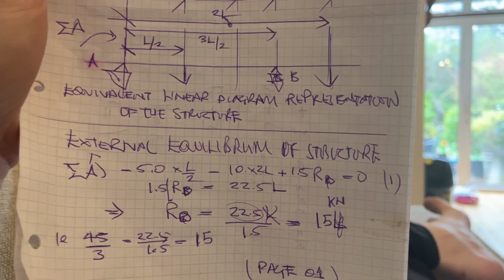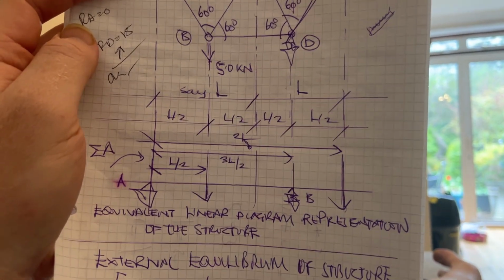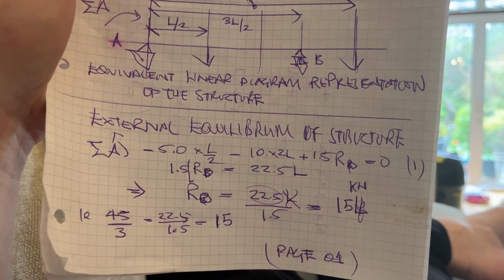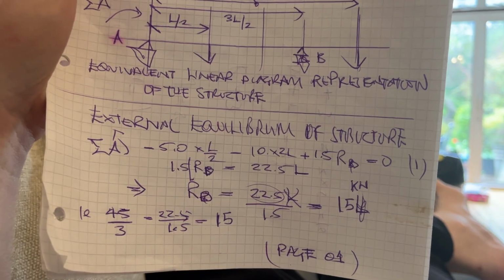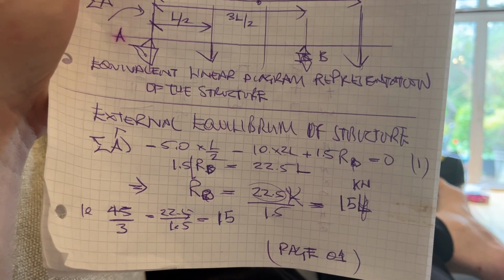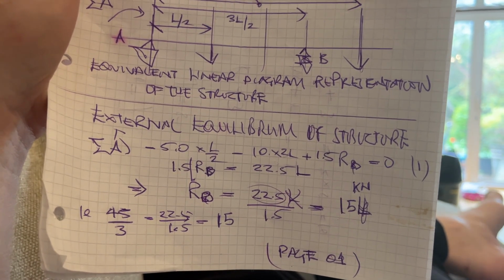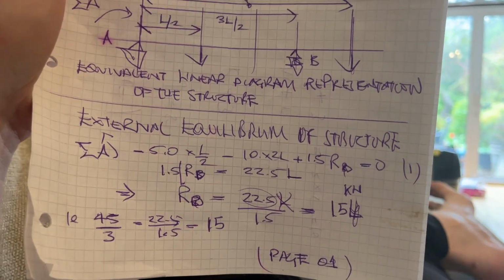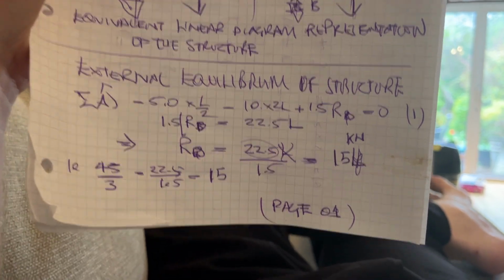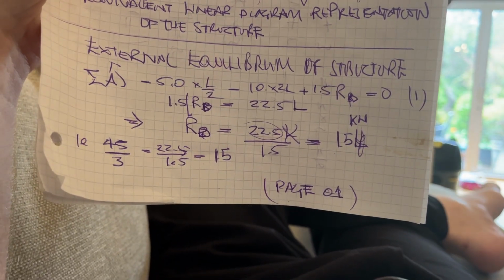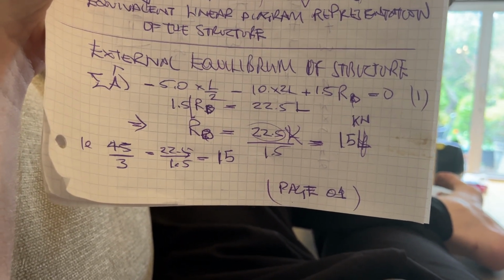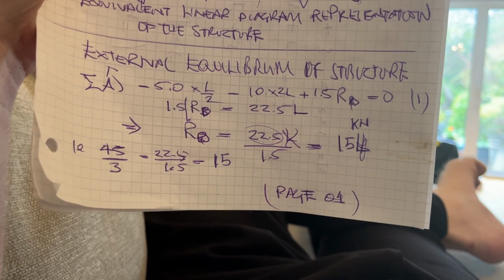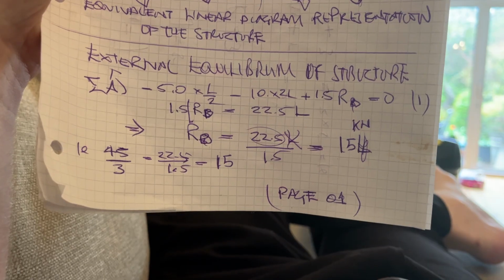That means I've got the direction of RD correct, because I said RD is positive, that's clockwise, and the other moments are clockwise forces so they're negative. So 1.5L RD equals 22.5L, cancel out L.